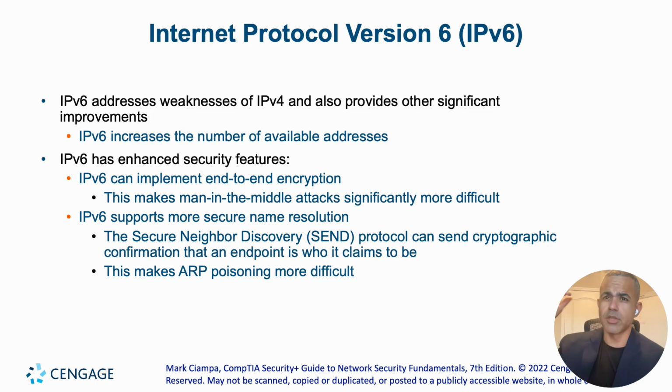So if somebody's trying to communicate with me that it should not be, it's going to let me know. It's going to be able to flag that. If somebody's trying to pretend to be a MAC address that they are not, it's going to let me know, and it's going to stop the communication before it happens. So that's an enhanced security feature that IPv6 has that IPv4 does not.